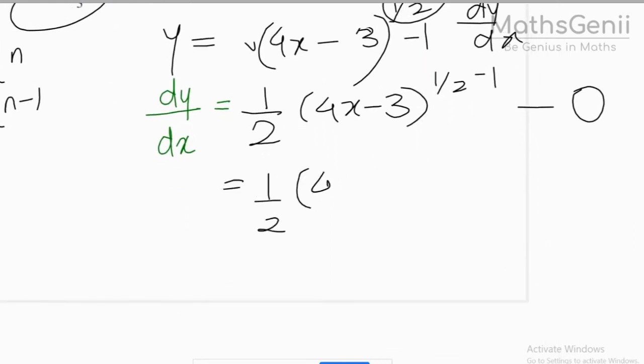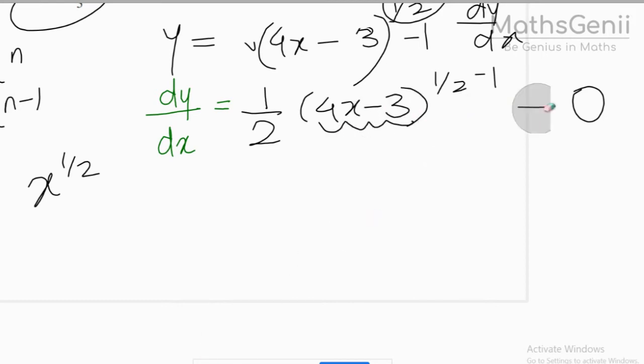Half into (4x minus 3) raised to minus half. One more thing that we are forgetting here is this was not purely x. If I had x raised to half, then I could directly find the derivative. But you have something here that I have considered as x.